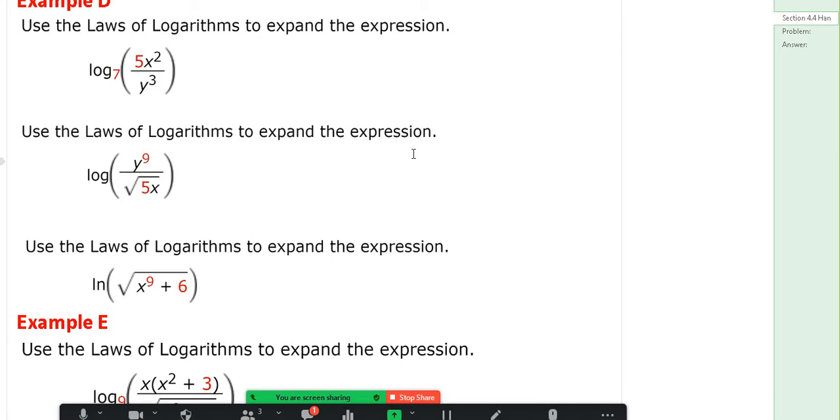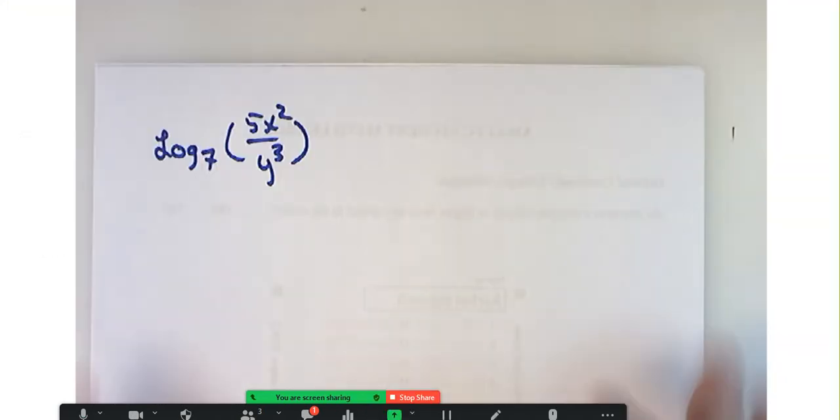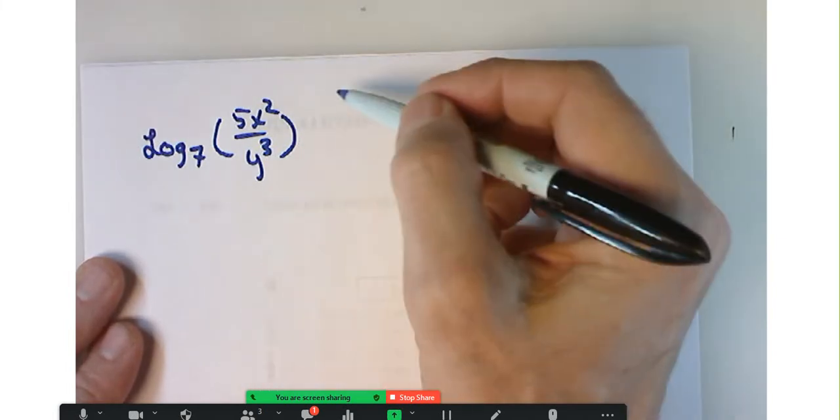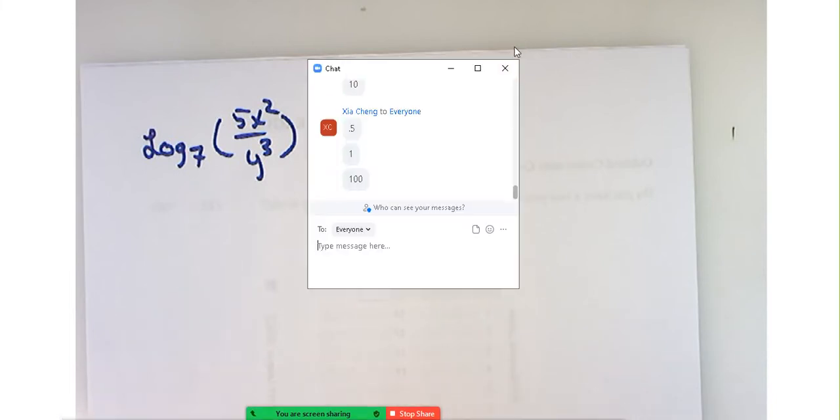So the first one, we've got log base 7 of 5x squared over y cubed. All right. So I want to use the quotient rule, the product rule, and the power rule until we're all exhausted with that. That is, you can't apply that anymore.